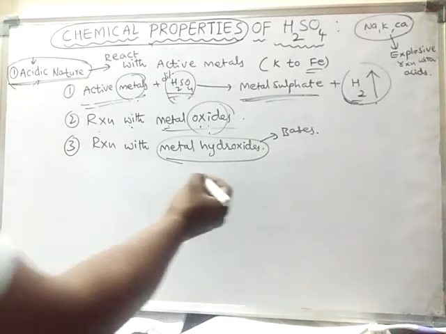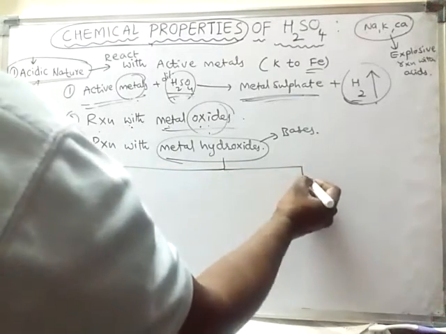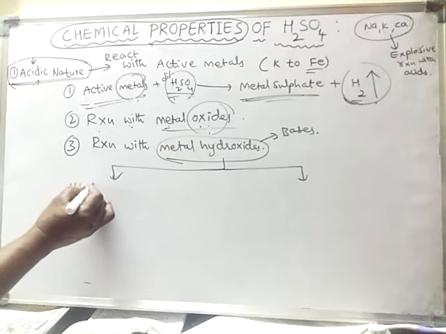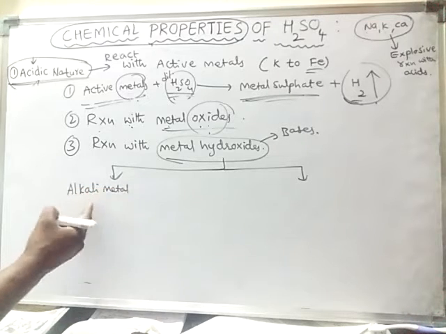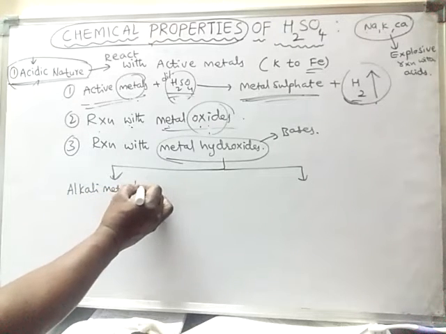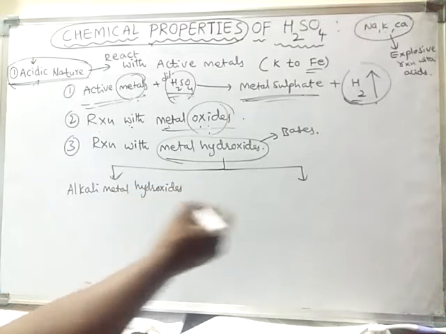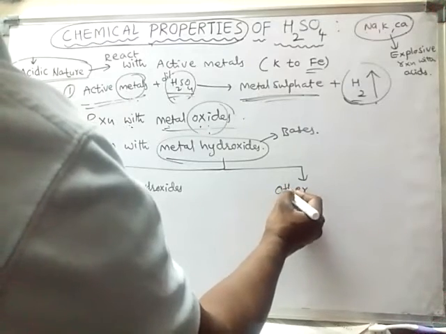Okay, so these metal hydroxides can be studied under two headings. One is alkali metal hydroxides. Alkali metals means first group elements. The other is other metal hydroxides, meaning all metals except alkali metals.